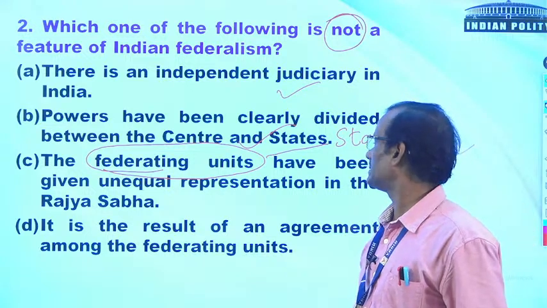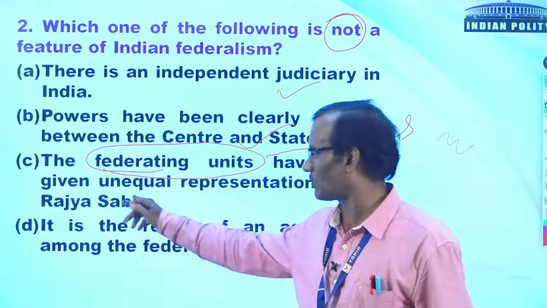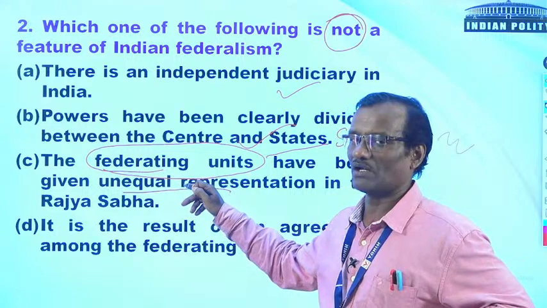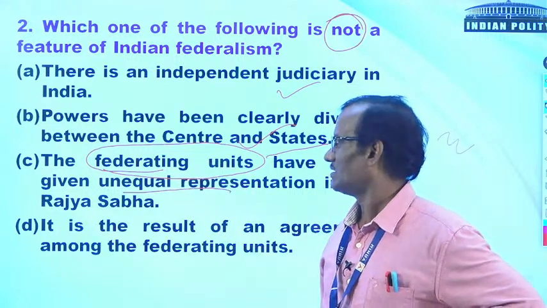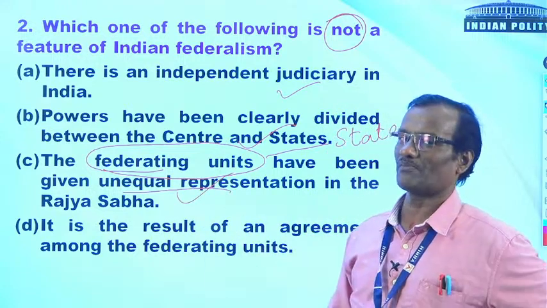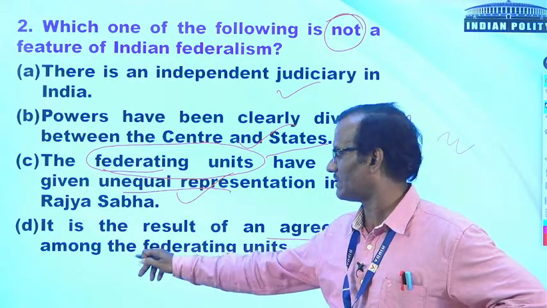The federating units have been given unequal representation in the Rajya Sabha. Yes, unequal representation means the total number of seats in Rajya Sabha varies from state to state, as you have noticed. So it is also correct. But it is the result of an agreement among the federating units. That is not true.